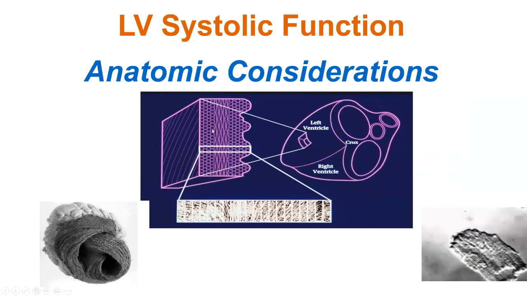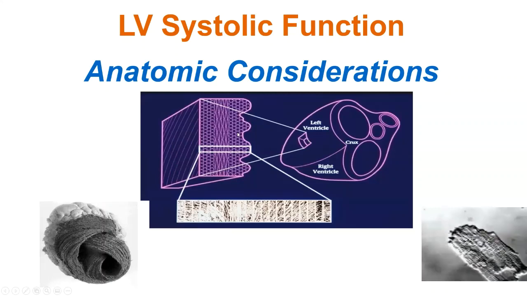We understand that fiber architecture in the left ventricle is pretty complicated. In fact, muscle bundles are arranged in a very complicated weave. So if you took a chunk of myocardium out of the left ventricle and examined the epicardial layer, you would find that the myocardial fibers are running north-south from the base to the apex.